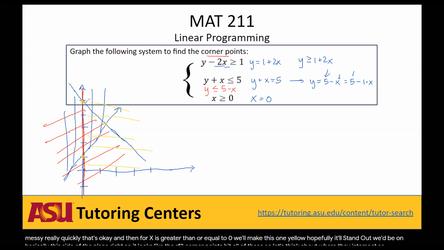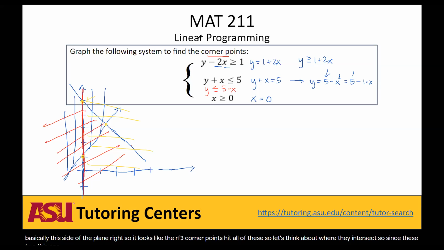So since these two, this one, let me make that a different color. Since this point intersects with the y-axis, we can figure that one out right away, right? So we know that our y-intercept here is 5, y equals 5.